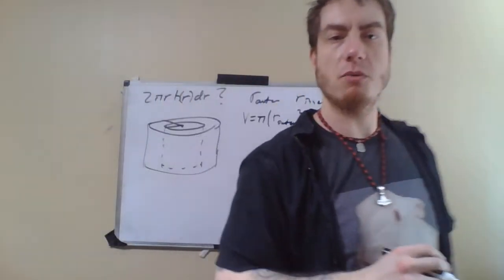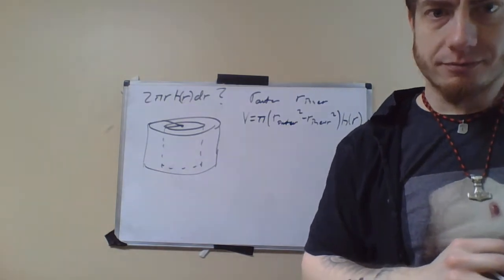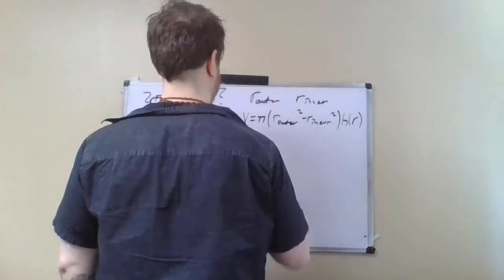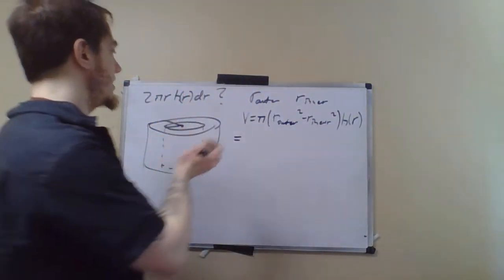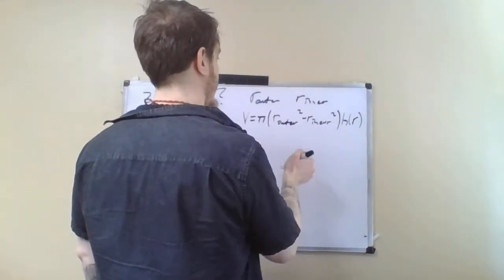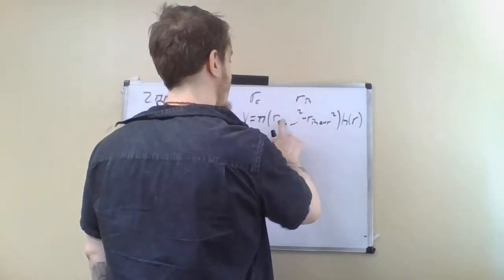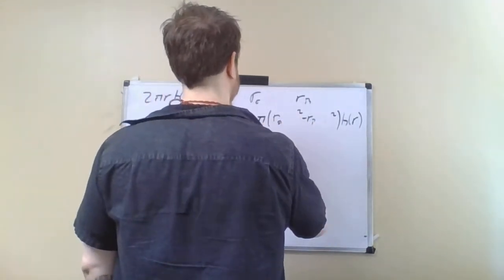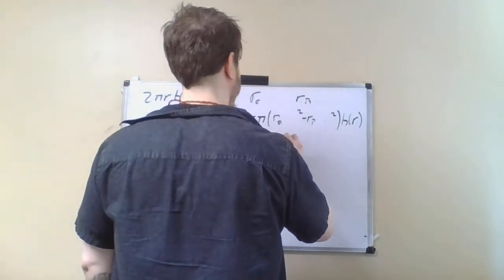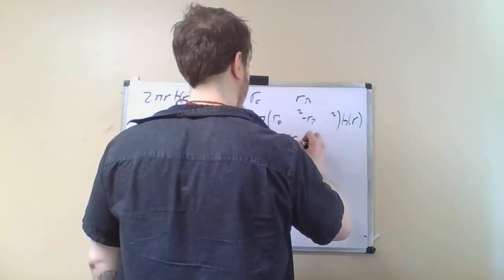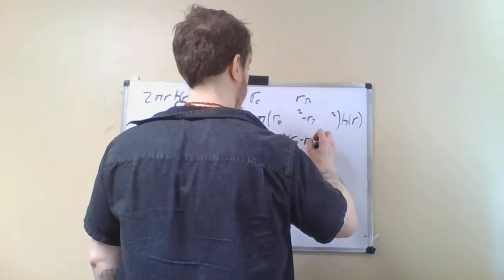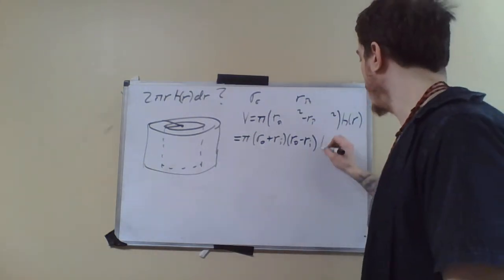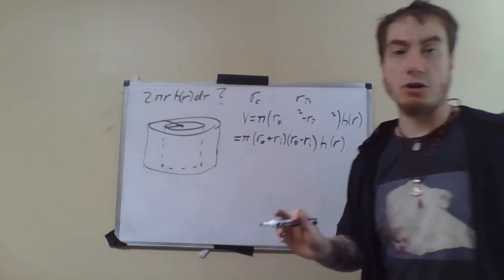But what happens when we do this is we can write this as, and this is what is a little bit tricky about this, we can factor this. I'm going to call this RO and RI, so I don't have to keep writing the entire inner and outer. So this becomes pi times RO plus RI times RO minus RI, like so. And then we are still multiplying by the height as a function of the radius.